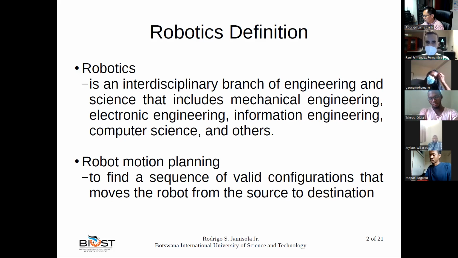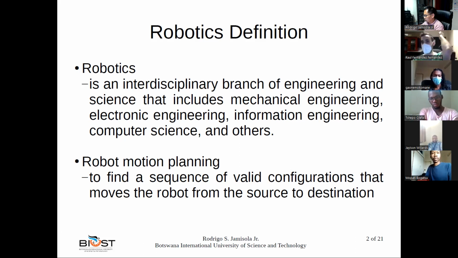In this class, we will be talking about robot motion planning. The idea of robot motion planning is to find the configurations of the robot that allow it to reach a certain destination. First of all, what is a configuration? In a robot, we have different joints.